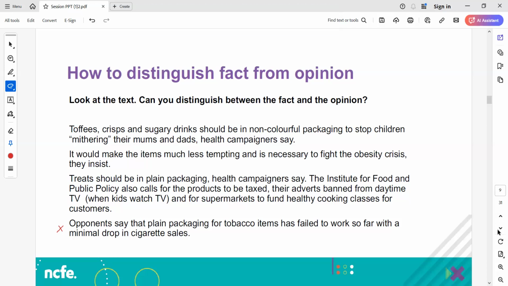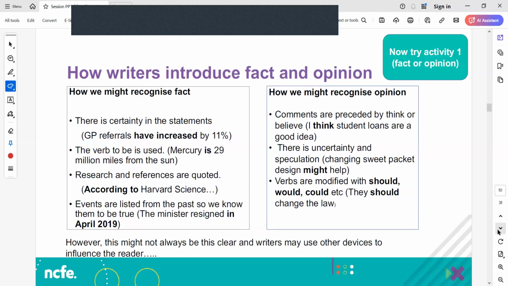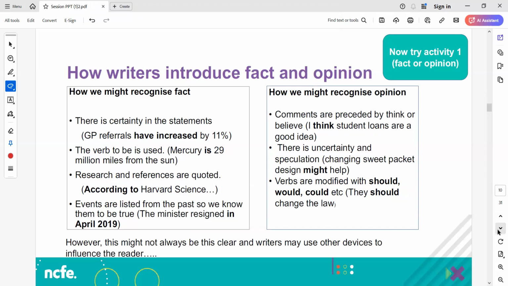So, how writers introduce facts and opinions. This is about recognising facts and opinions so that you are able to answer questions in the test about, is something a fact or is it just their opinion?